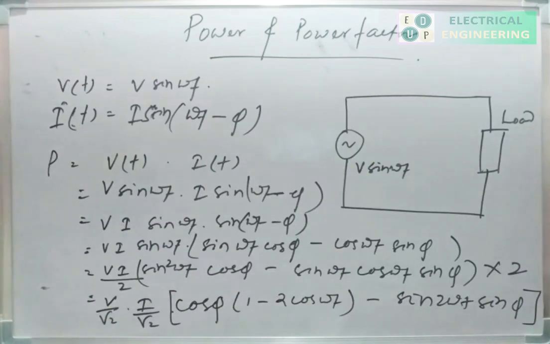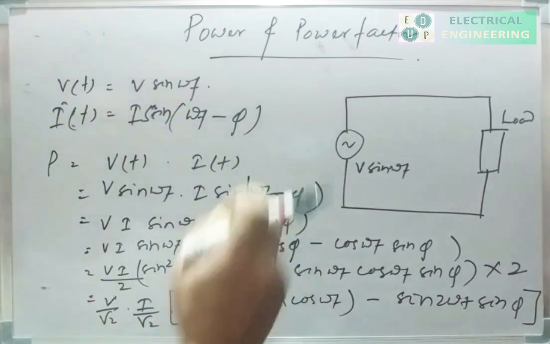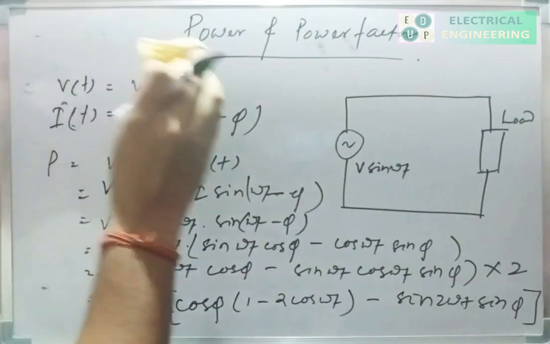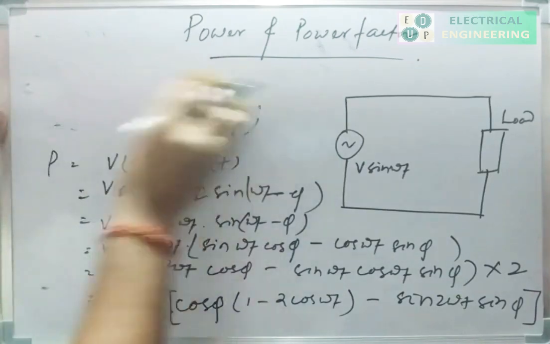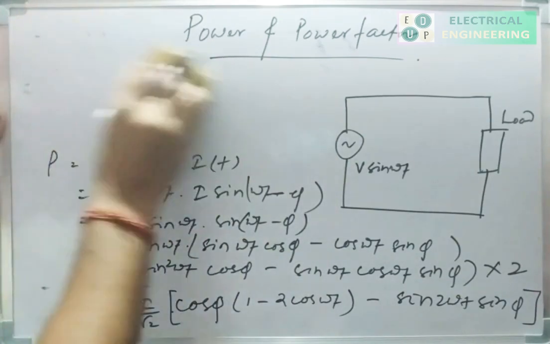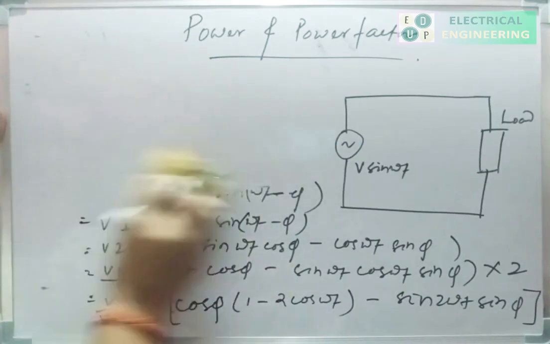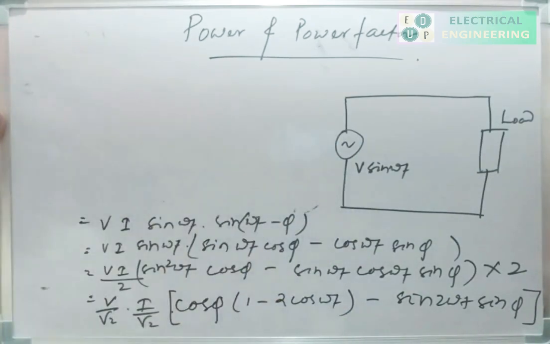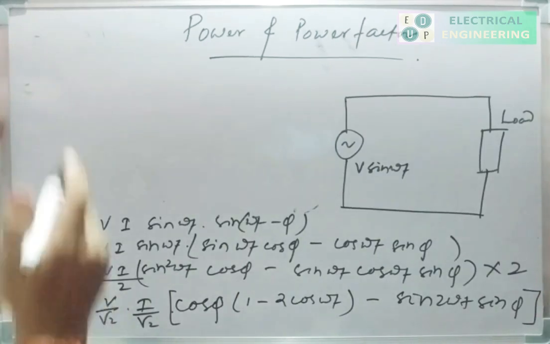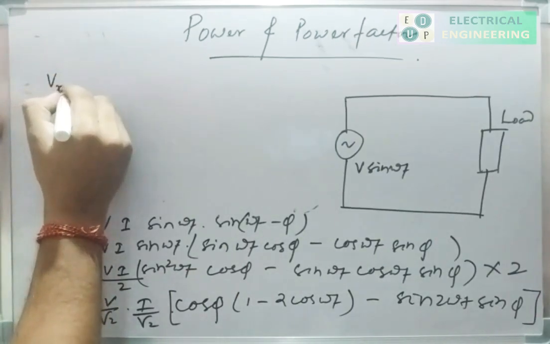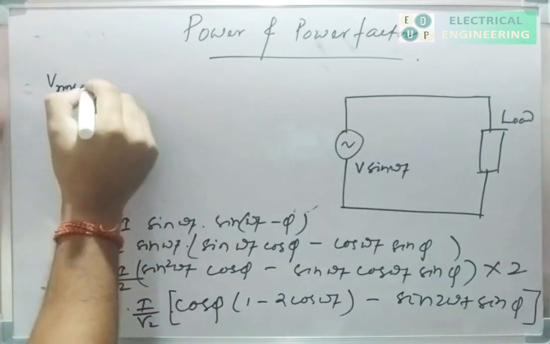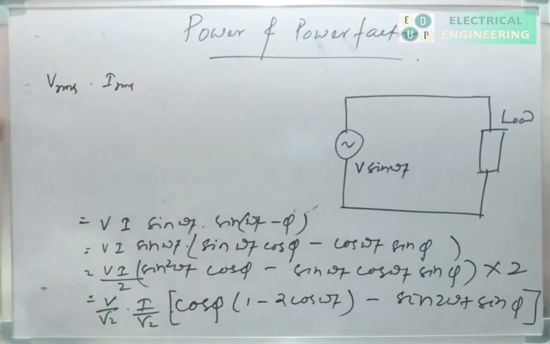Now I'm going to erase this. So how much will it be? V by root 2 is nothing but V RMS, and I by root 2 is nothing but I RMS.